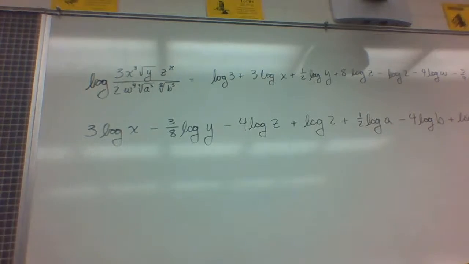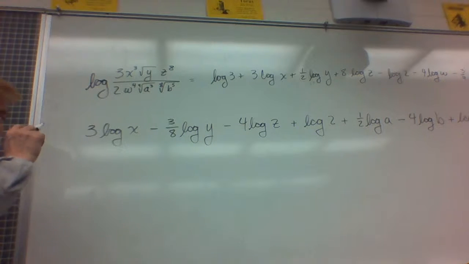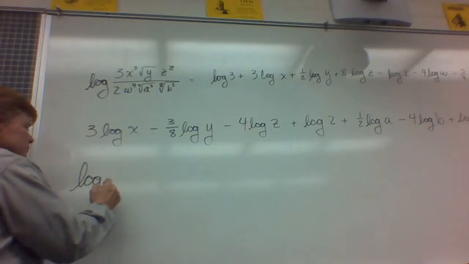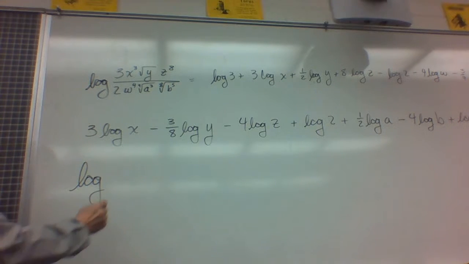So it's got this huge expansion here. Let's see if we can condense it into a single log with a single stroke of our pen here. Log of x to the third. Numerator or denominator? Numerator. Okay.